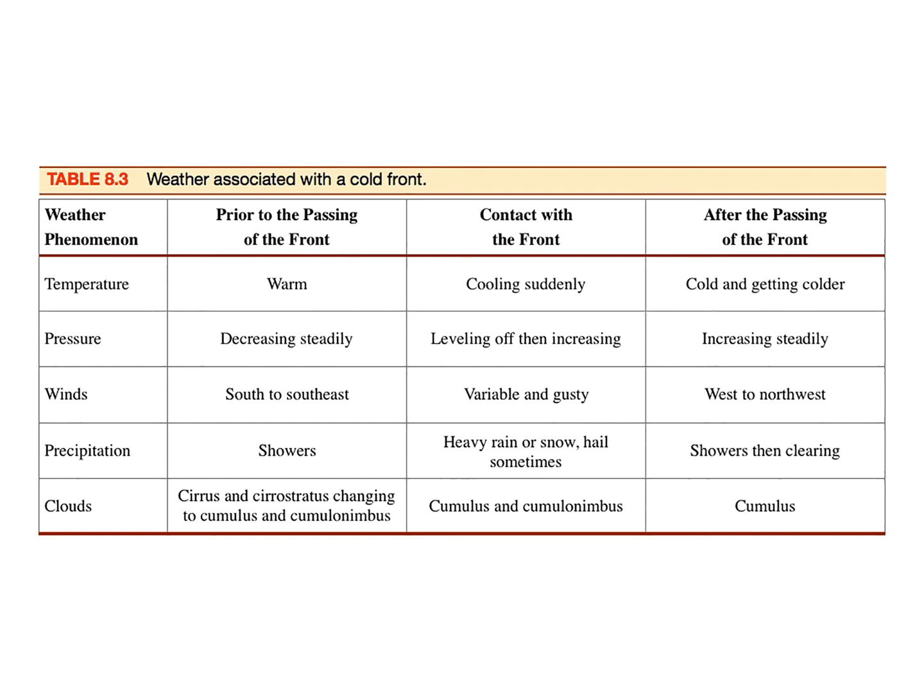And then after the passing of the front, the showers would disappear and the skies would clear. In terms of clouds, prior to the passing of the front, we would get cirrus, cirrostratus, changing to cumulus and cumulonimbus. When we get contact with the front, cumulus and cumulonimbus. And then after the passage of the front, the clouds would be scattered cumulus with blue sky in between them.